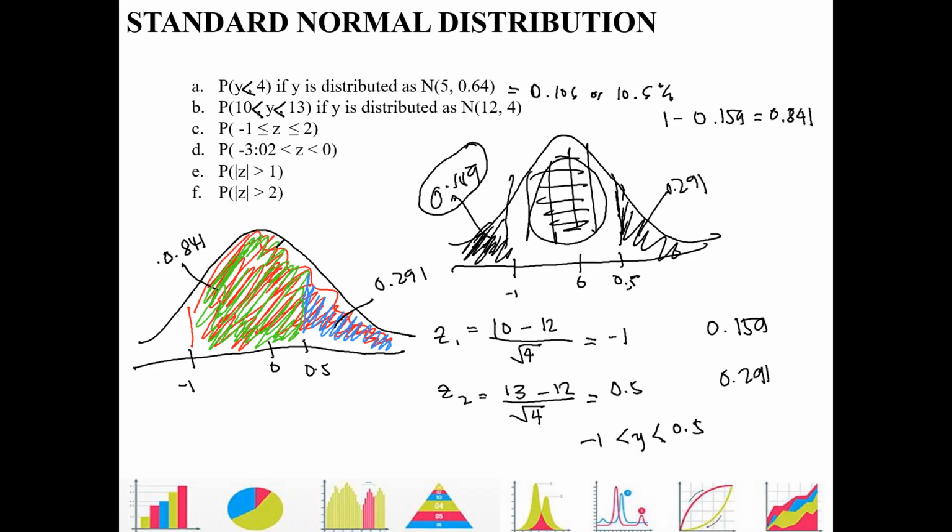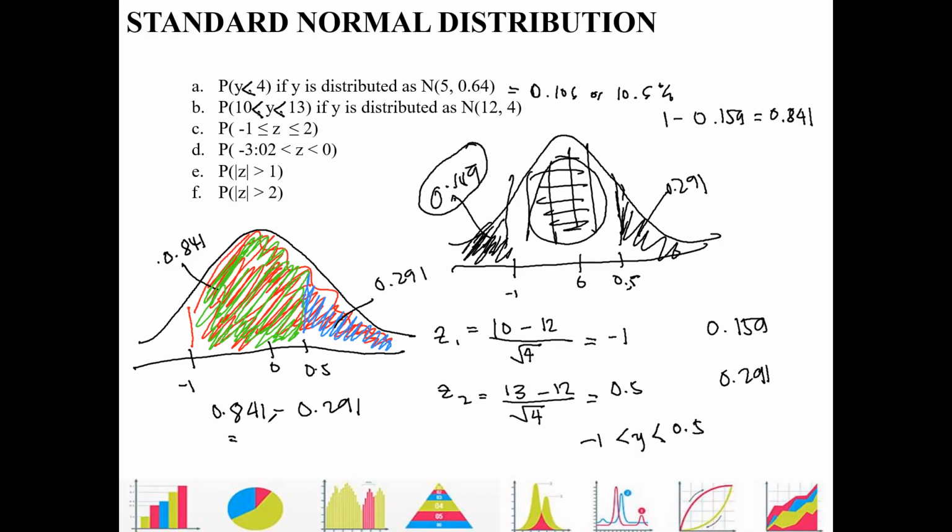Sige nga, just by analyzing this graph, paano natin makukuha yung area na green? Yung 0.841 po ay ma-minus sa 0.291. Yes, very good. So yung 0.841, sasubtract natin siya sa 0.291 para mawala yung part na blue.